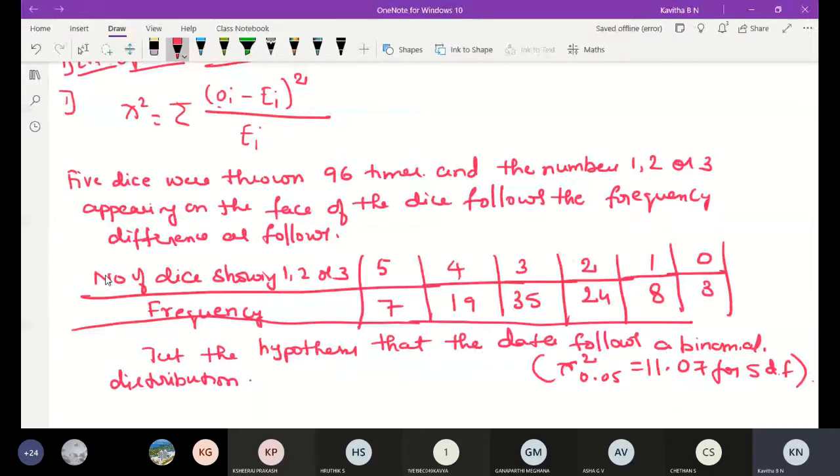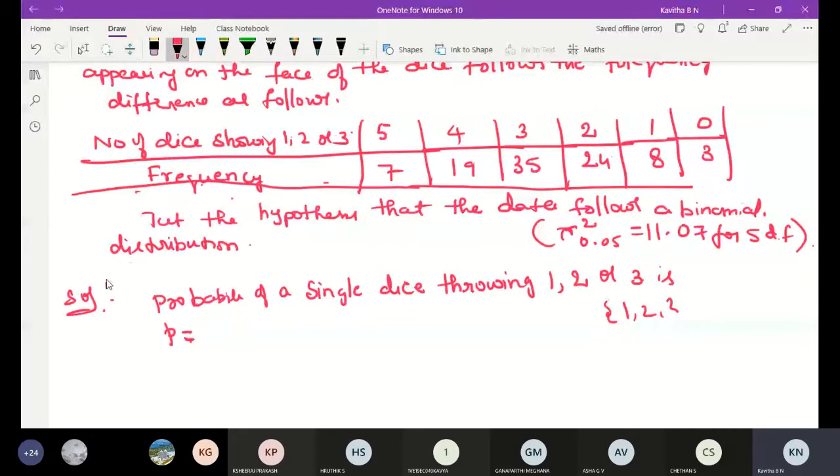Small p is equal to... For a dice the possible outcomes are 1, 2, 3, 4, 5 and 6. The number of dice showing is 1, 2 and 3. Okay, means here 3.